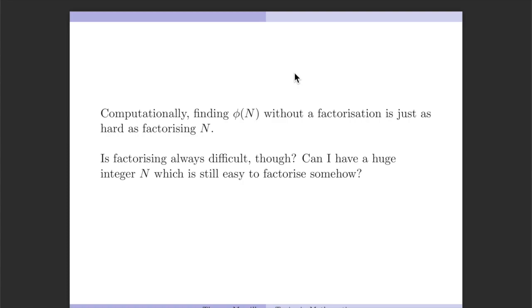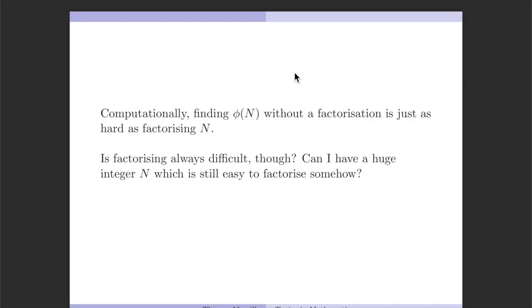Something we should be concerned about, though, is, do I know that the factoring problem is always hard? It stands to reason that if I pick some random large number, then it should have just a random prime factorization.